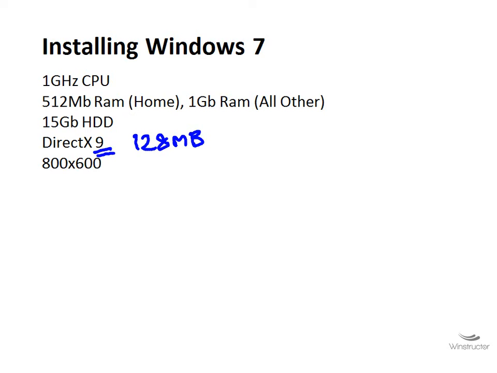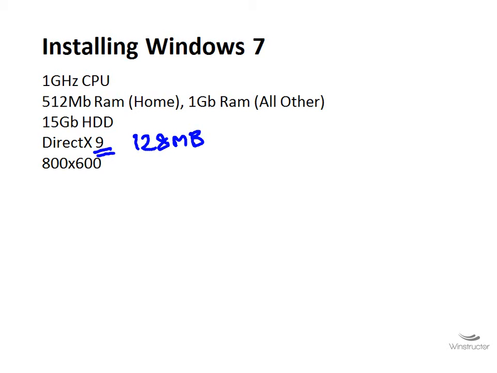So with all that in mind, let's define what I think a real computer running Windows 7 should have. Now, this is purely my own opinion though, this isn't anything official from Microsoft. They are correct, Windows 7 will run with the specifications you see here.